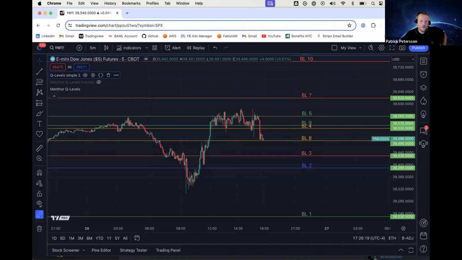Oh, and I have also a question. Will you integrate the roadmap into TradingView very soon? When you say the roadmap, what do you mean? The roadmap, so the blind spot levels and all this, directly mapped out in a graphic. That's a bit more complicated.